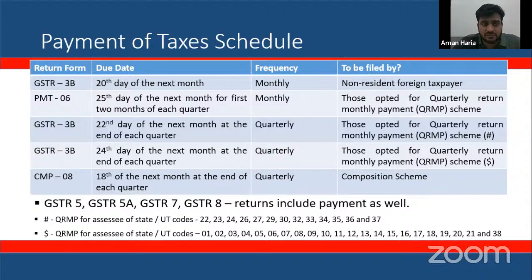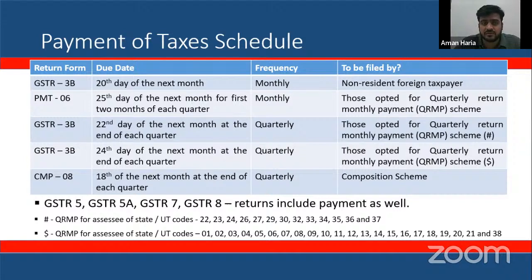So GSTR 3B for normal taxpayers, 20th day of the next month, monthly returns. Those who have opted for the quarterly return monthly payment scheme have to fill PMT Challan 06 on 25th day of the next month for the first 2 months, like we discussed for IFF.